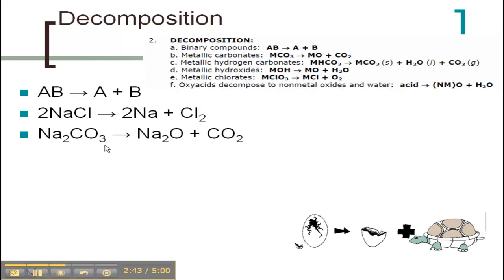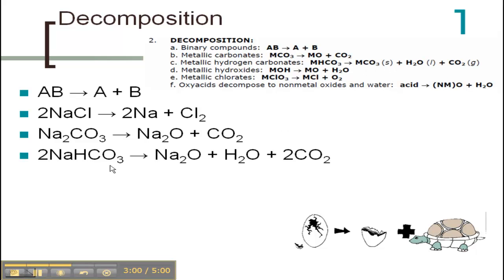So sodium carbonate breaks down into sodium oxide and CO2. The next one is a metal hydrogen carbonate, like baking soda. Sodium hydrogen carbonate breaks down into the metal carbonate, the water, and the CO2. So sodium hydrogen carbonate, if you heat it and decompose it, you get sodium oxide, water, and CO2.